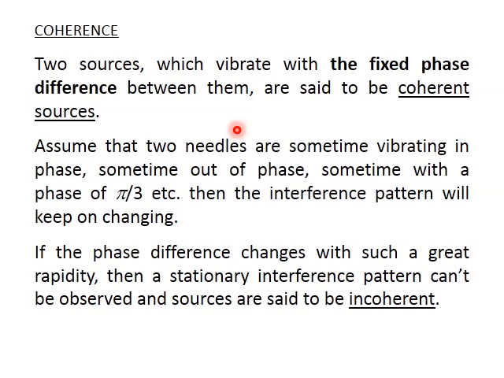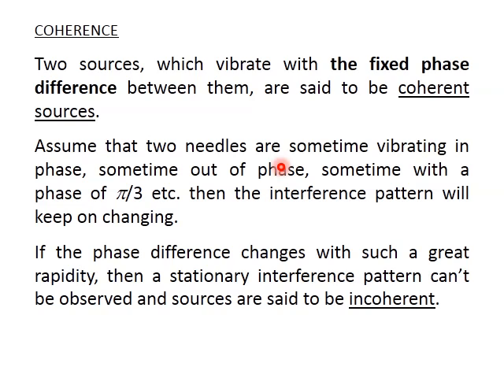Now assume that we have two needles, so they are sometimes vibrating in the same phase, sometimes they are vibrating out of phase from each other, sometimes they are vibrating with a phase of pi by 3 with each other. So then what will happen, the interference pattern will keep on changing.